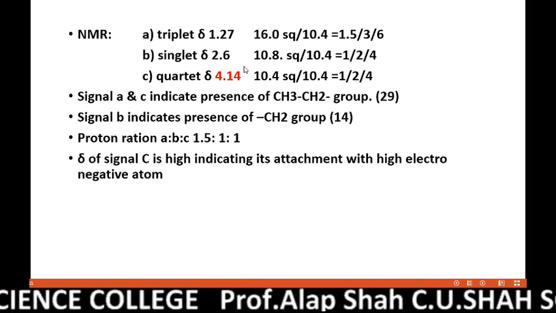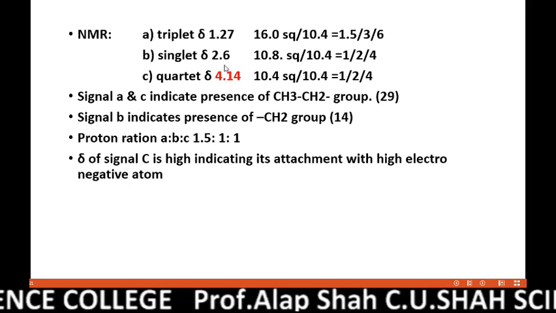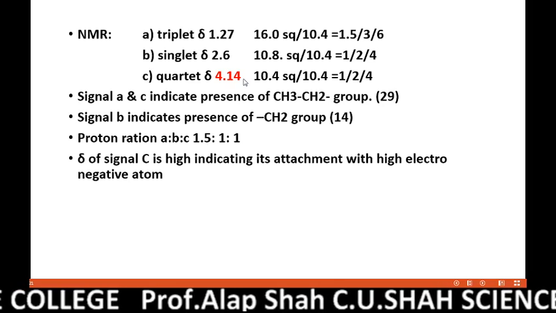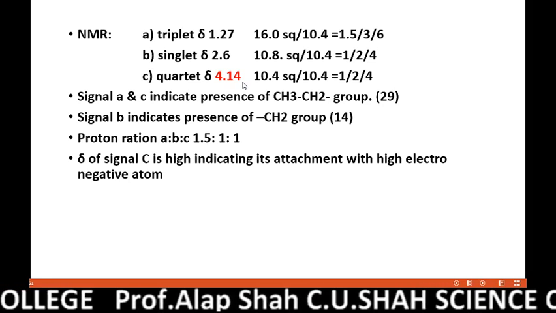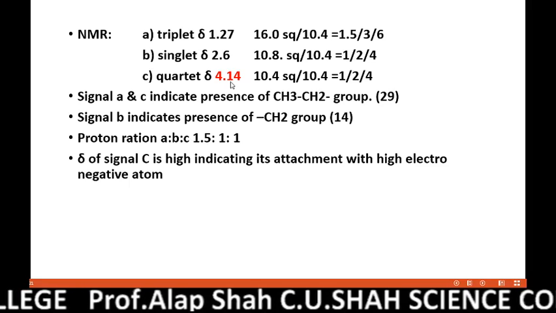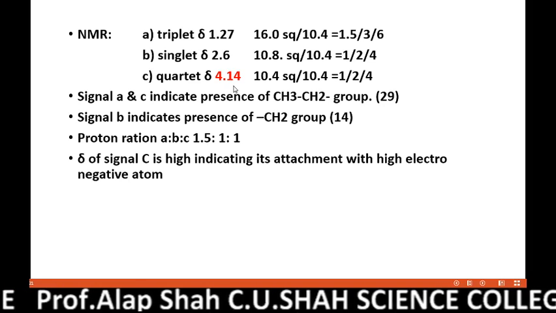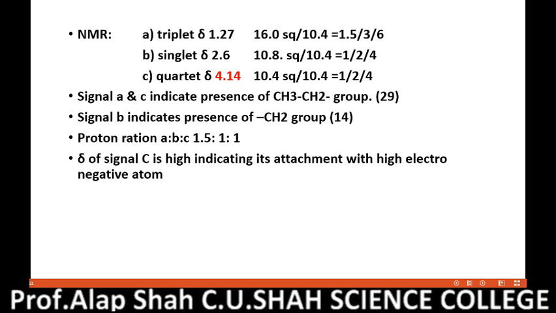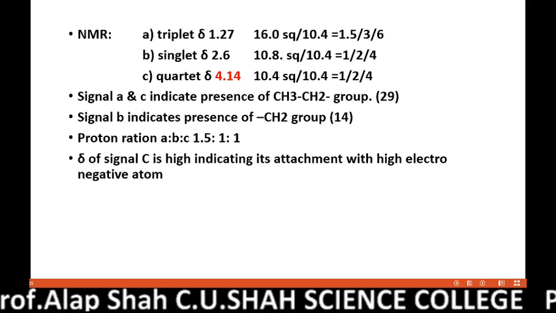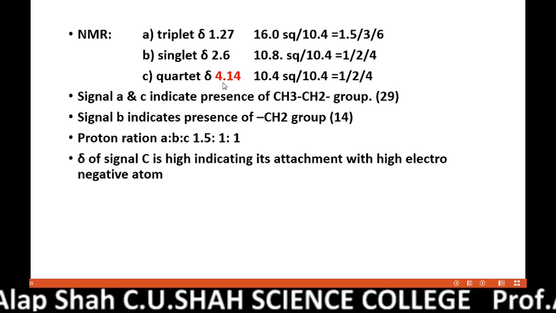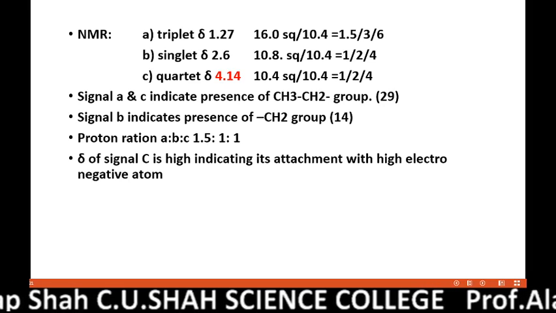This delta value which I have highlighted with the color red is slightly higher, though it is a methylene group. So we can say that the higher delta value indicates that this portion must be attached to a more electronegative element, which could be the reason for the increment in the delta value.